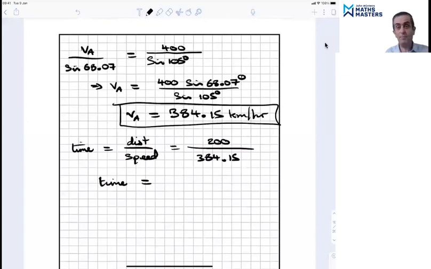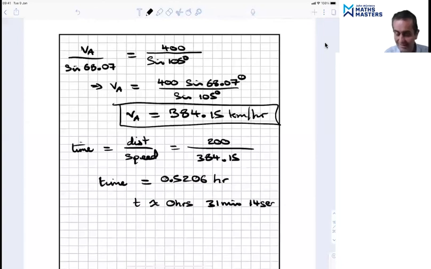And then remember that button that we use on our calculator, the answer is 0.5206 hours, but don't press cancel on your calculator. Go second function and then the DMS button, and that tells me that the time is approximately 0 hours, 31 minutes, and 14 seconds. So your calculator automatically changes that decimal 0.5206 into a time in hours, minutes, and seconds.